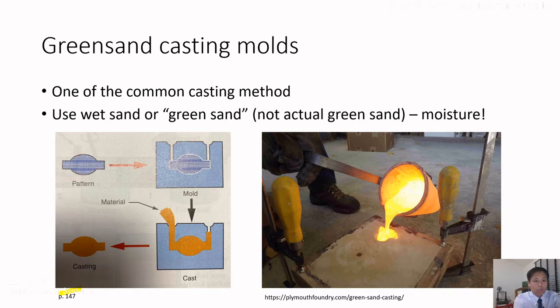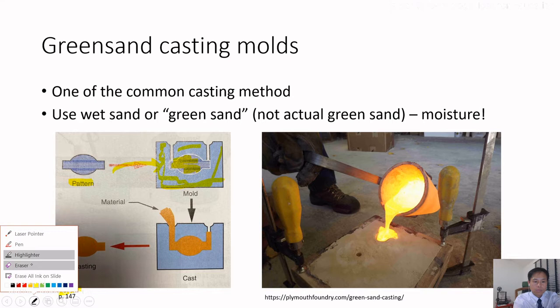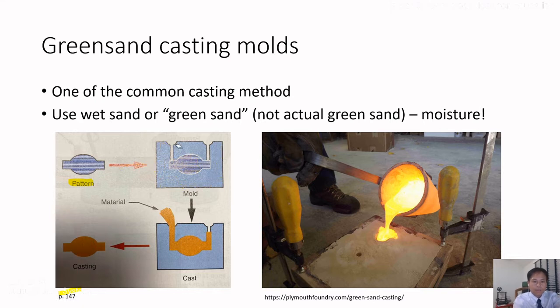So first of all, we need to have a pattern. That pattern is identical, has the same shape and size as the final product, right? We need to have the pattern, and then using the pattern, we create a mold. This is a mold that surrounds the pattern, right? We put the pattern inside, and then the outer is a mold.